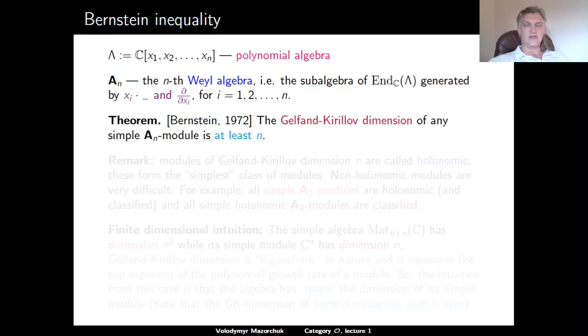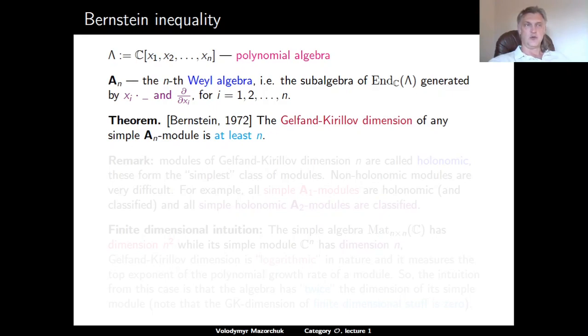So here, the Gelfand-Kirillov dimension is the measure of how finitely generated modules over finitely generated algebras grow. So we start with a finitely generated algebra and with a natural filtration of this algebra by degrees of monomials in products of generators. And then, given any finitely generated module, we can associate to this module the filtration by subspaces given by applying the filtration of the algebra to the generators.